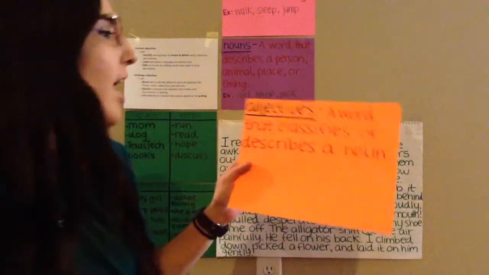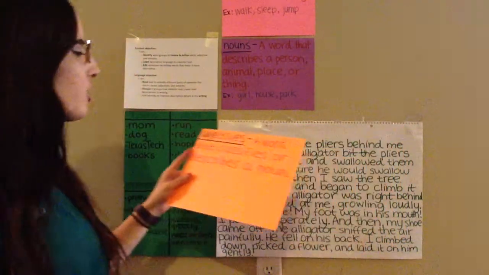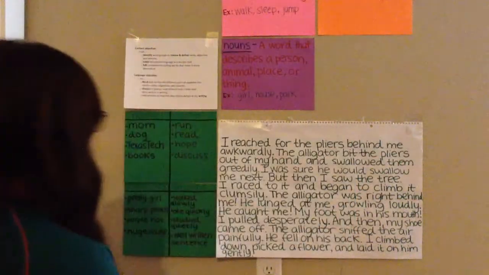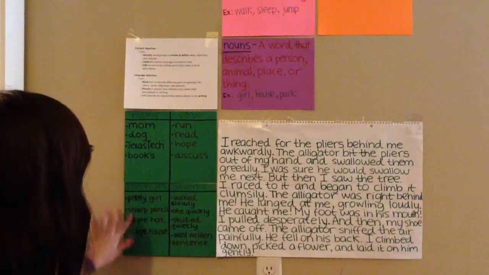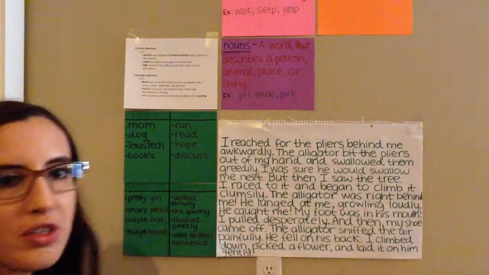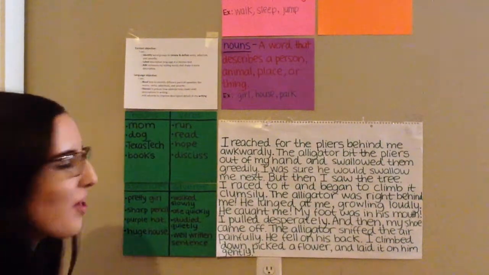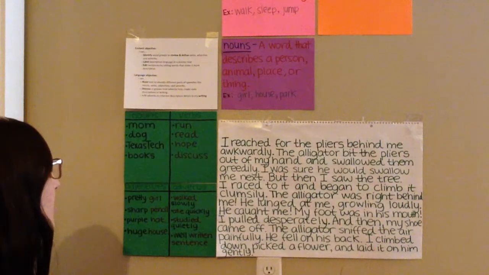Next, we're going to talk about adjectives. Adjectives are words that classify or describe nouns. So again, adjectives are also related to nouns. So as you can see here in our adjectives list, we had the adjectives in black, and then in red, what do you notice about all of these red words? Talk to your partner. We have girl, pencil, hat, and house.